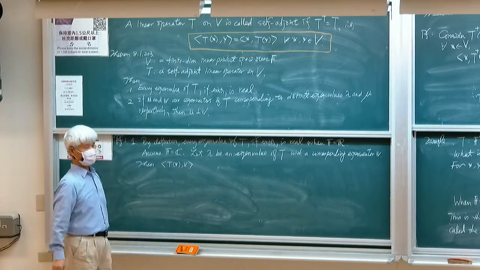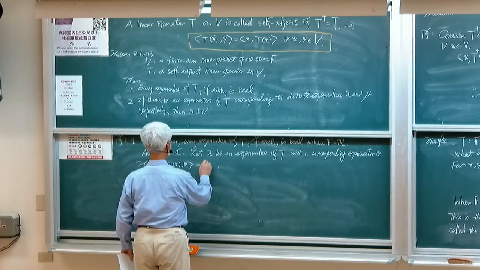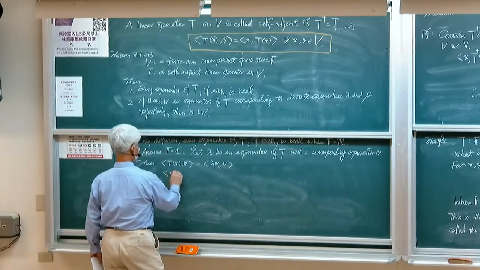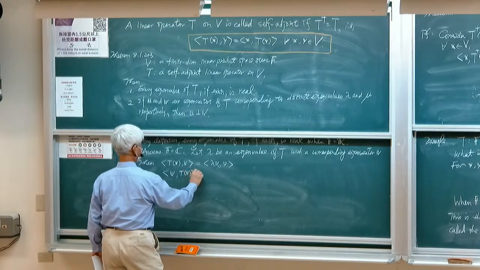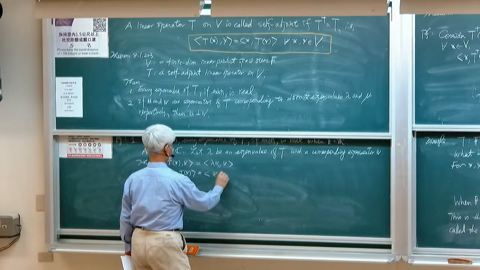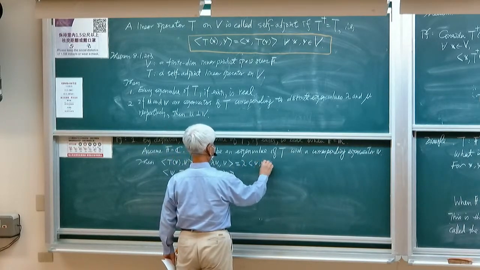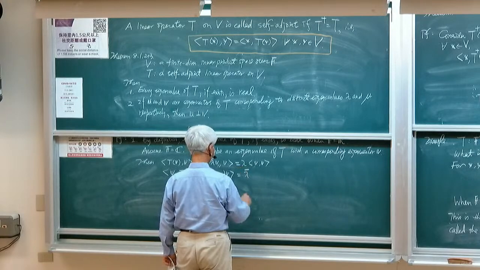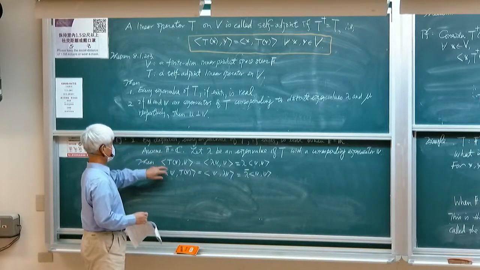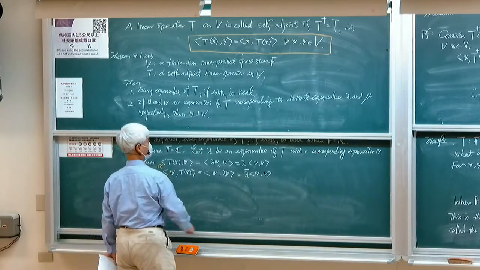Then we look at this inner product, Tv and v, and we know this is lambda v and v. Also, look at v and Tv. So we have v and lambda v here. And here, by linearity in the first argument, and by conjugate linearity in the second argument, we have that. And because T is self-adjoint, these two are identical. So they are equal.